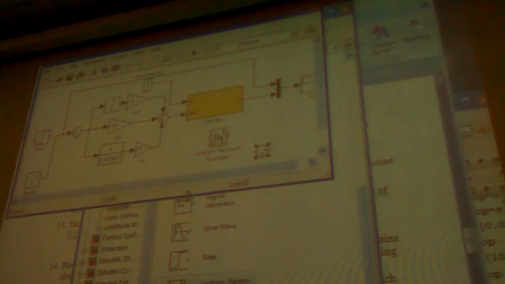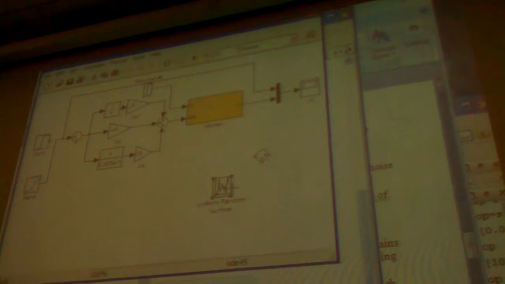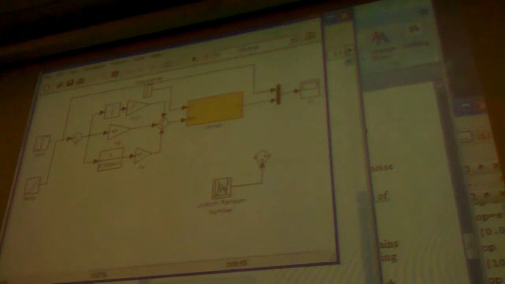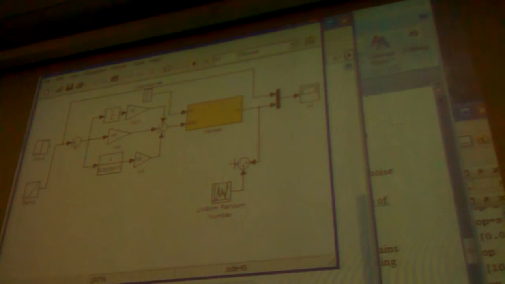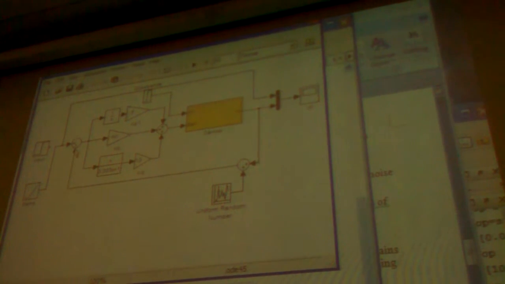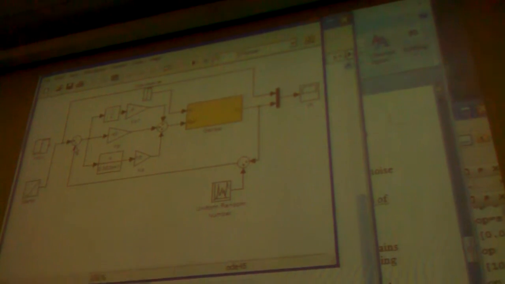Plus or minus doesn't actually matter. So I'm adding the noise. The output is the generator voltage, and with noise, your measurement is here, like that. So that's your system.